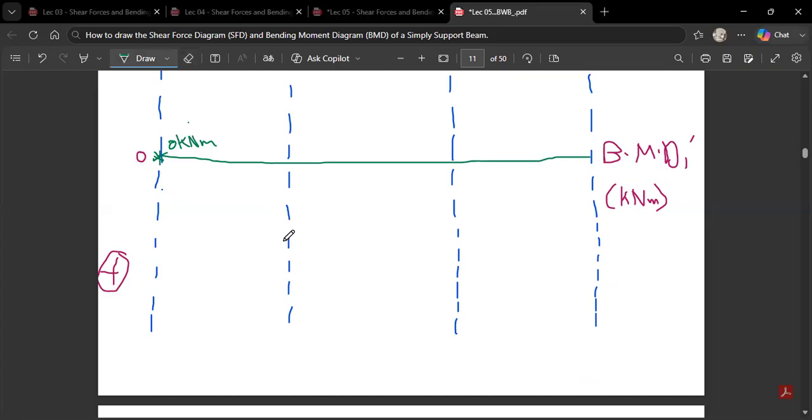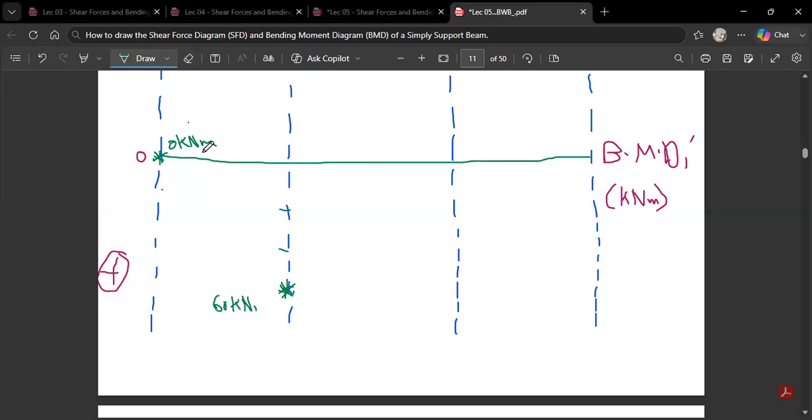So the 60 is going to be somewhere here like this. So let's put our 60 over here. So I'm going to write over here 60 kilonewton meters. Okay.